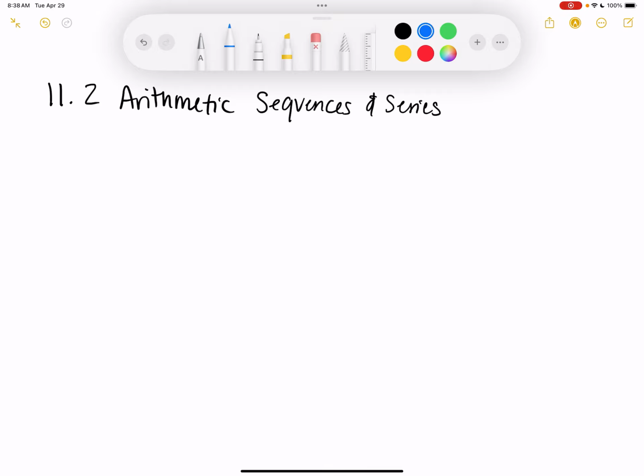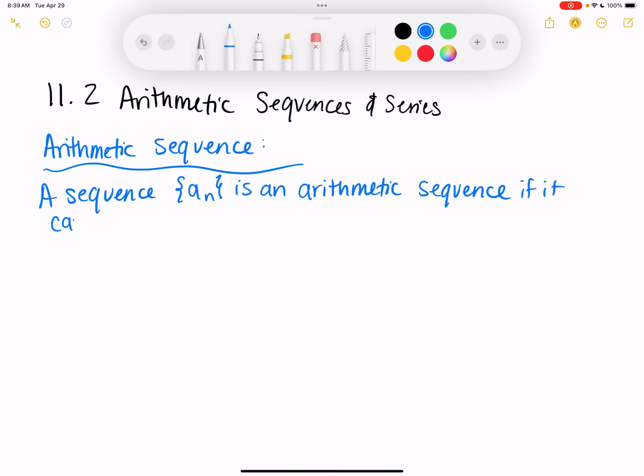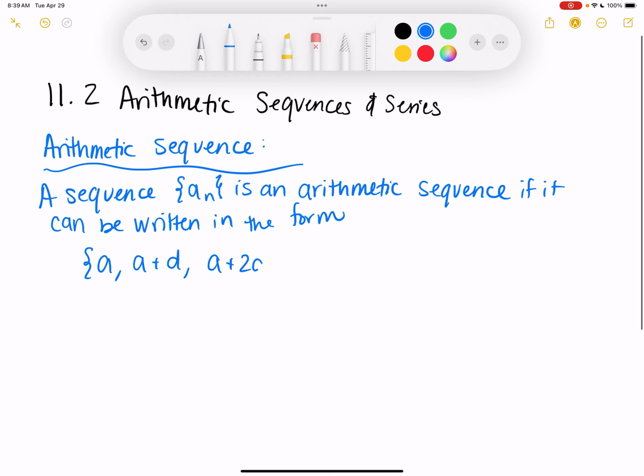But an arithmetic sequence A sub n is an arithmetic sequence if it can be written in the form A, A plus D, A plus 2D, and so on and so forth, A plus n minus 1 times D, and so on.